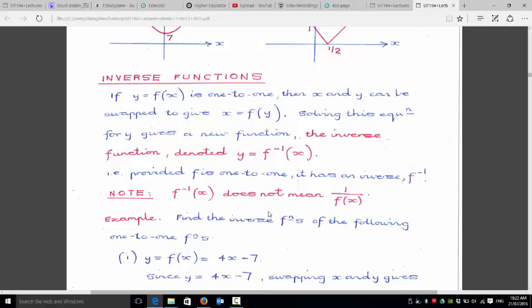For the inverse function, we just want to make sure that f minus 1 of x does not mean 1 over f(x). For 1 over f(x), the power of minus 1 would be written on the top right corner, not in the middle.